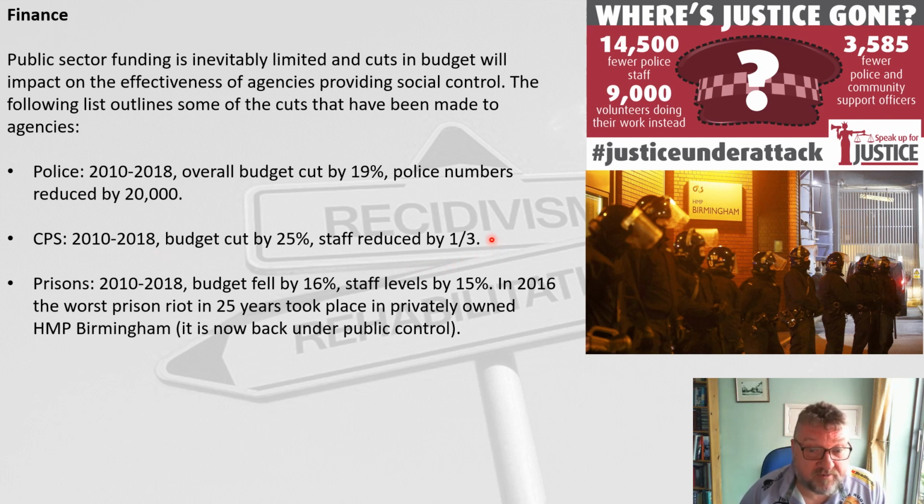That means that if people are on remand, they're on remand longer, which means there are going to be more people in prison. And of course, with the increase in the number of prisoners and decline in staff, you can't supervise education, which is then going to lead to a rise in recidivism rates.